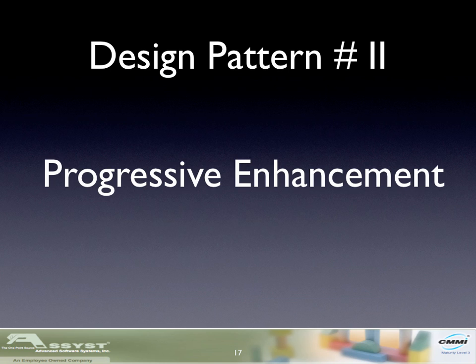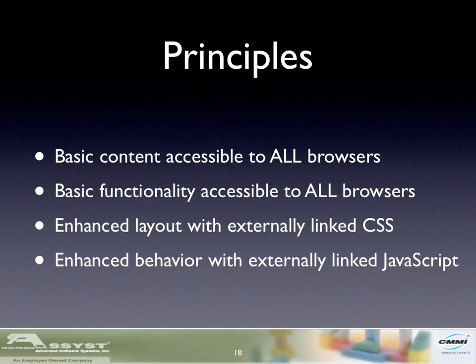The second design pattern is something called progressive enhancement. As you plan for these most modern devices, most enabled with GPU, compass, accelerometer, are you going to leave behind all the people who are coming with a very traditional desktop with a very low bandwidth connection? The answer is absolutely not. So how do you accomplish this? You accomplish this with progressive enhancement, where you start off with basic content and basic functionality accessible to all.